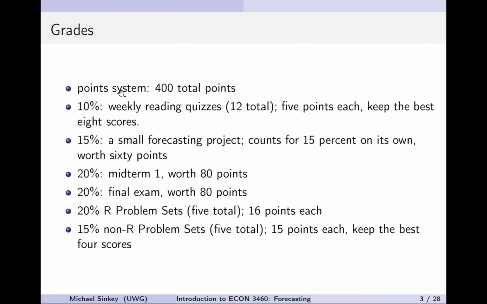Let me talk about the grades. We have a point system in this class, kind of like every class that I teach. 10% of your grade is based on weekly reading quizzes. We have 12 total quizzes. They're worth 5 points each. You keep the best 8 scores. So rather than reopening quizzes and dropping based on whatever comes your way, I think it's just better to build in 4 drops.